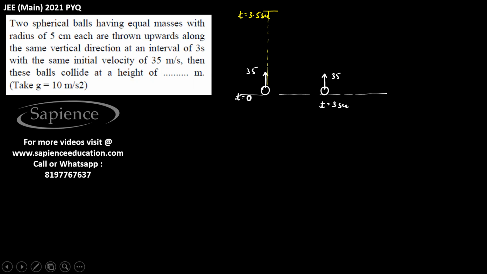Now this is the understanding. First we will calculate the position where they will meet. We already know they will collide. They will collide when they reach the same position at the same instant.